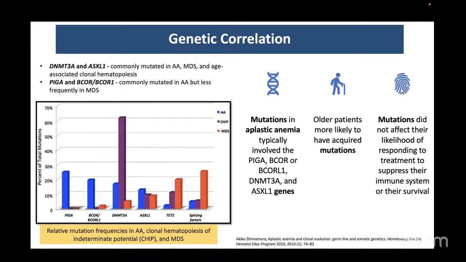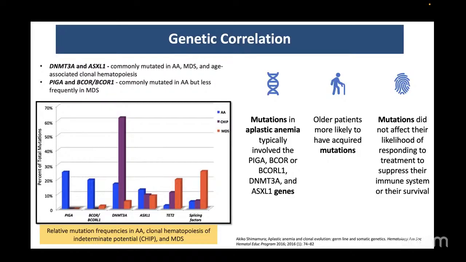In the chart on the left side, we can see the frequency of the genetic mutations seen in different types of bone marrow failures. DNMT3A and ASXL1, the commonest epigenetic modifier genes mutated, are seen in MDS, aplastic anemia, and age-associated clonal hematopoiesis, also called ARCH.